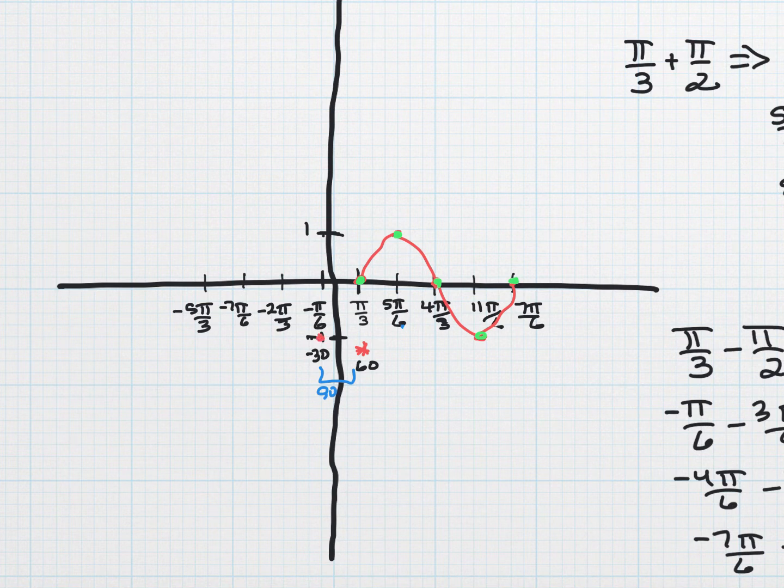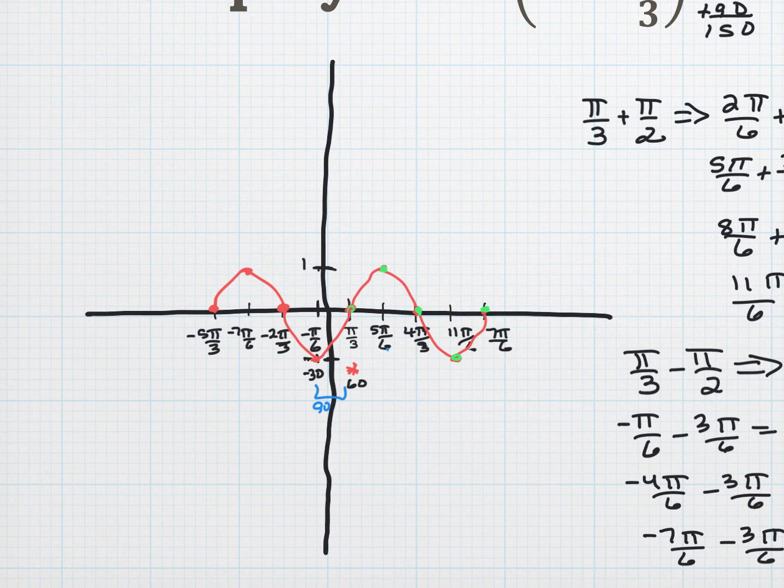So from pi over 3 to negative pi over 6, this is where I stop. And then my next point will be back up here at the x-axis at negative 2 pi over 3. And then again here, and then back down to the axis. So this is a phase shift, shifting your graph 60 degrees to the right, or pi over 3.